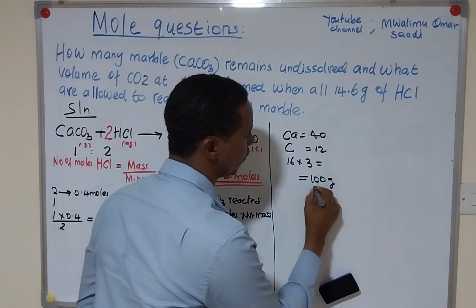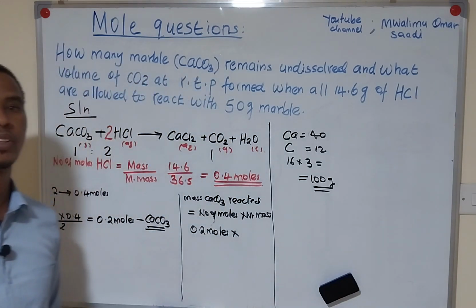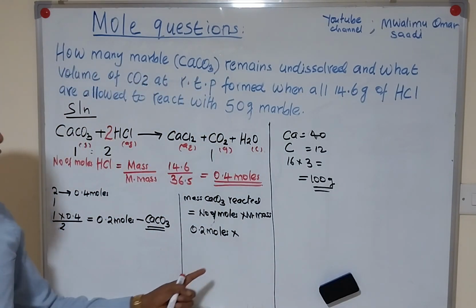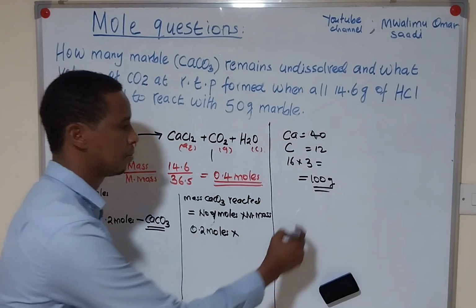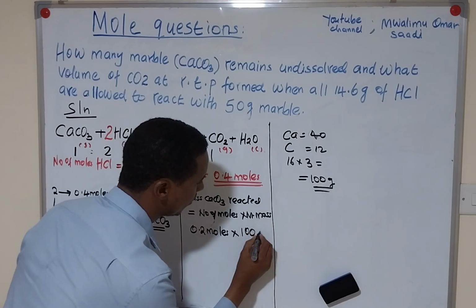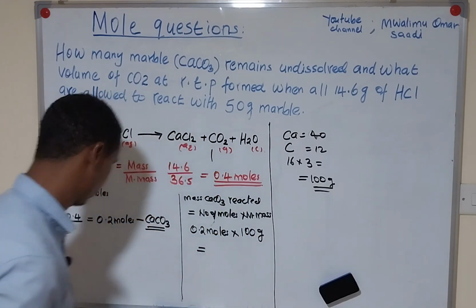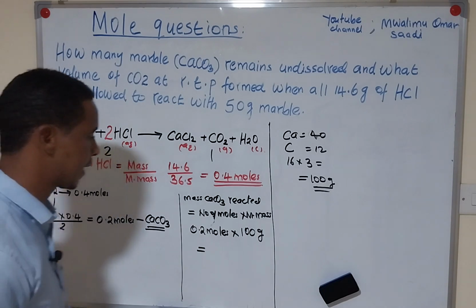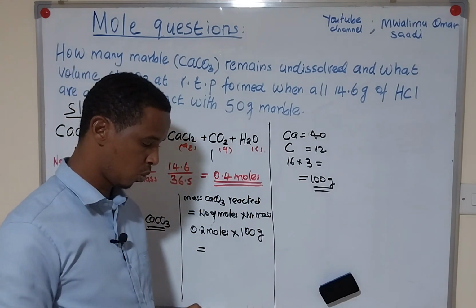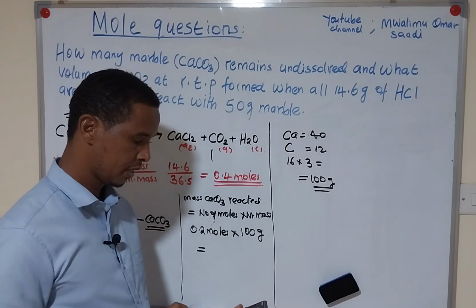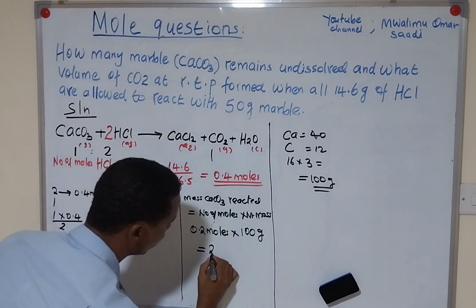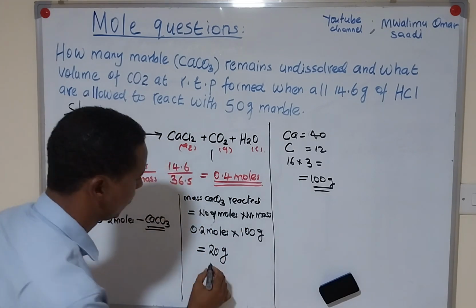The molar mass of calcium carbonate is 100 grams. So 0.2 times 100 gives 20 grams.